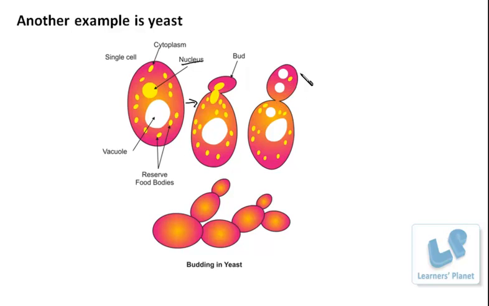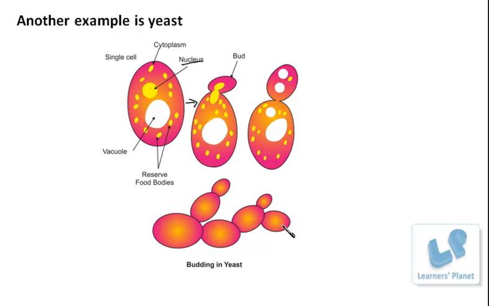Now it can live as an individual organism, or it can survive in the colony also. So this is how the membrane gets produced out, the nuclear division takes place, and there is a distribution of nuclear and cytoplasmic material in these buds and the mother cell. Further they do not get detached from the mother's body, rather they live as a colony. So this is how budding takes place in the case of yeast.